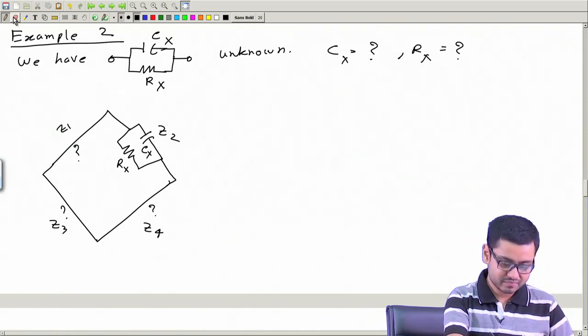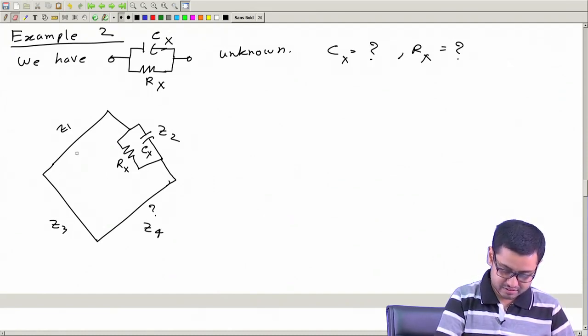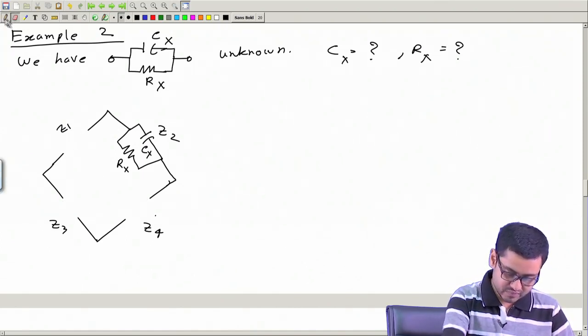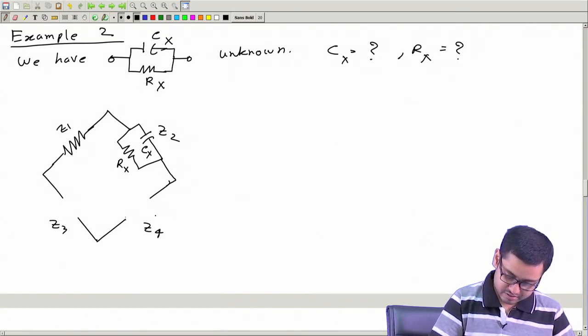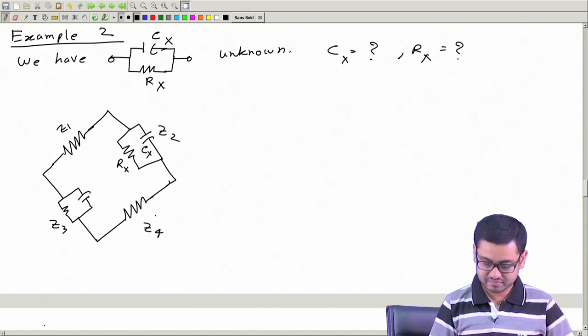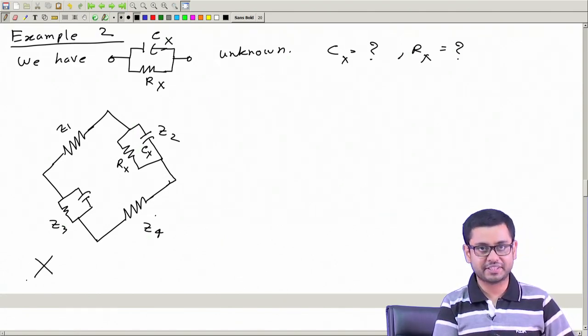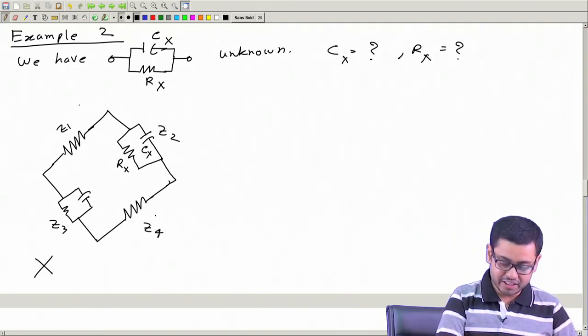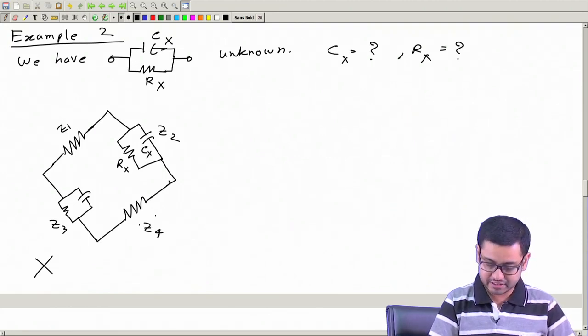For example, if we do it like this, say we put two resistances and here we put an RC parallel combination, this is not balanceable. Why? Because the angle condition says the sum of the angles of these two should equal the sum of the angles of these two.